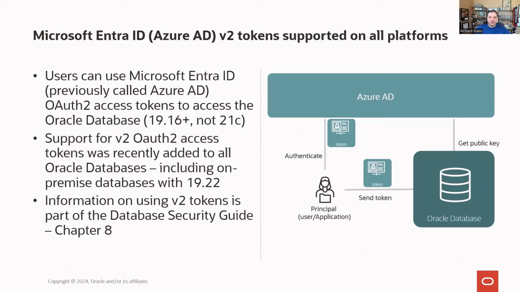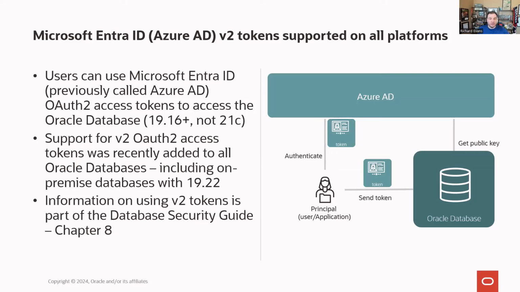We talked about this last month, but I think it's worth mentioning again. Microsoft Entra ID or Azure AD tokens are supported on all platforms, including on-prem with the 19.22 on-premises release. Okay, this does not apply to 21c. That was an innovation release, but 19.22 and then Oracle Database 23 will support these V2 tokens from Azure Active Directory, or I think as it's known now, Microsoft Entra ID.